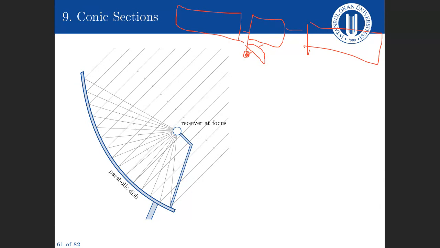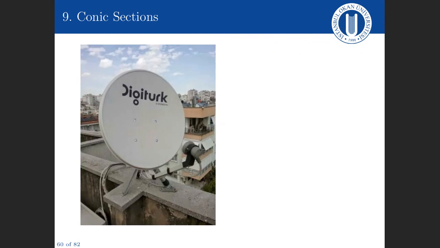The signal comes down, bounces onto your satellite dish, and then is reflected towards the receiver of the satellite dish, which takes the signal. Go back to this picture. This receiver just here is placed at the focus of the parabola.